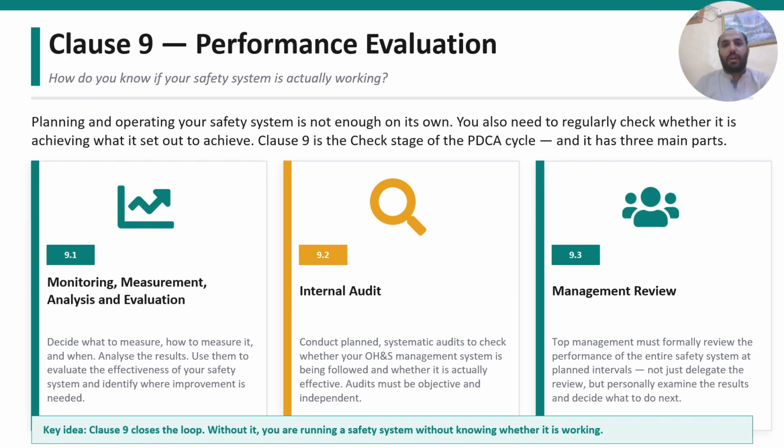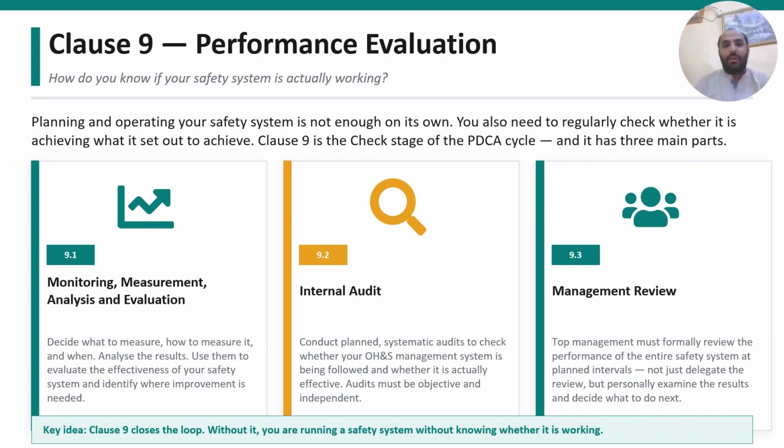The big picture of clause 9. Up till now in this standard, we have been building and running the safety management system. But here is the question that clause 9 asks: how do you actually know if your safety management system is working? You can have a well-written occupational health and safety policy.